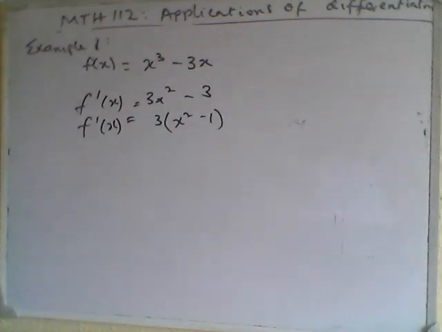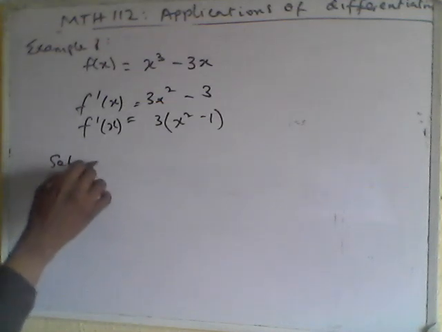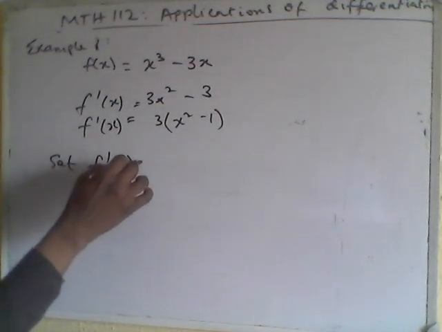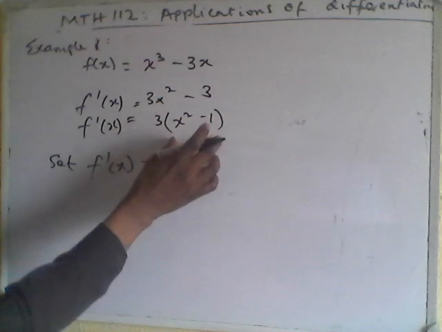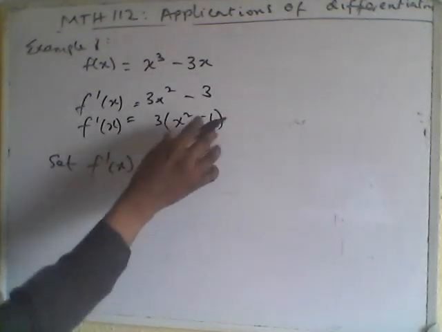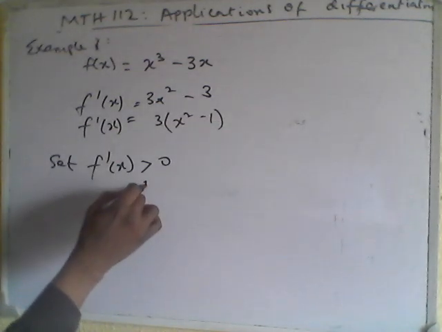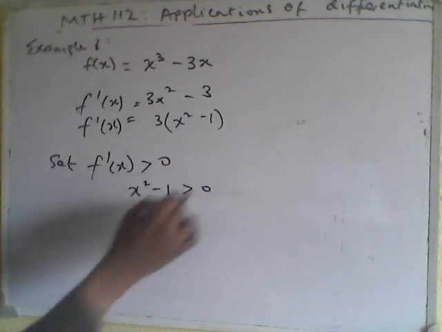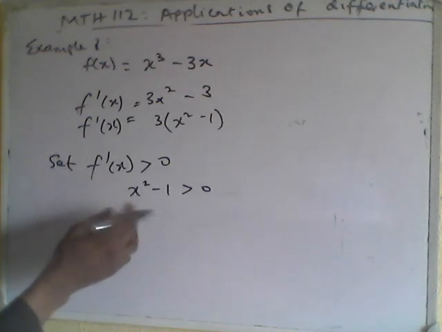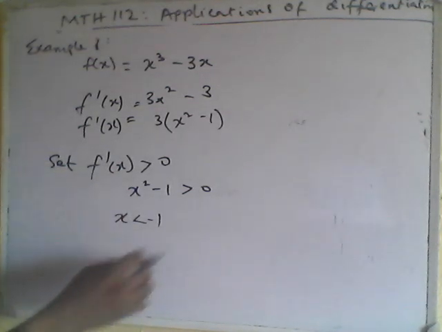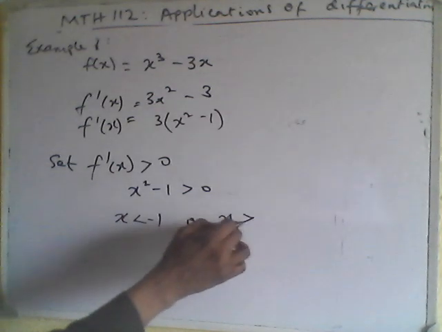Okay, so we set this derivative to be greater than 0, right? We want to test for increasing or decreasing limits. So I'm going to equate this to an inequality: x squared minus 1 greater than 0. So by the time we are done, we see that there are two possible values, either that x is less than minus 1 or x is greater than 1.